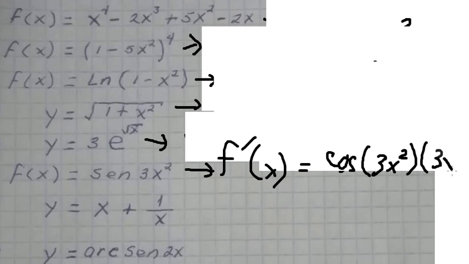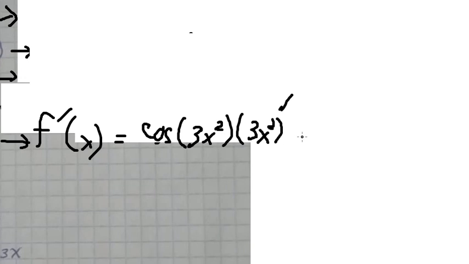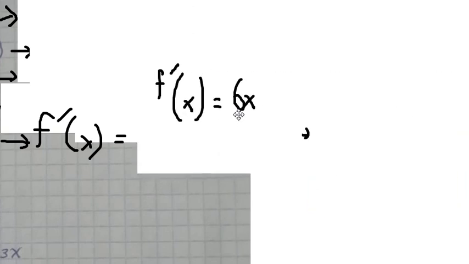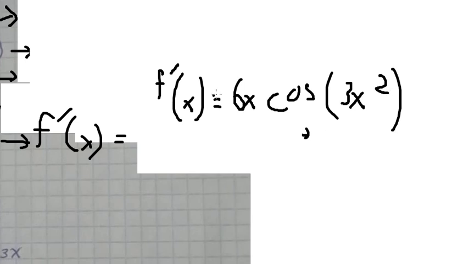And we continue to do the first derivative of 3s squared. And this one, we get 6s multiplied with cosine 3s squared. And this is the final answer.